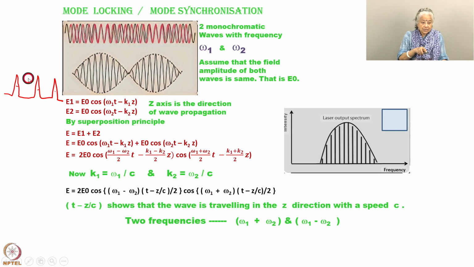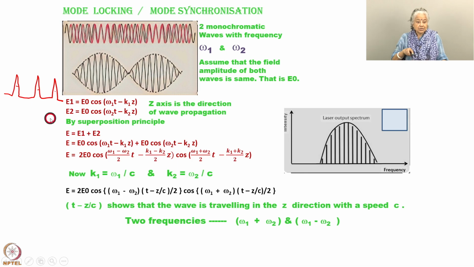When I show this, it is the actual light part. That means I've taken E star E, or basically the intensity. Here I'm considering the wave, or the electric field associated with the light.